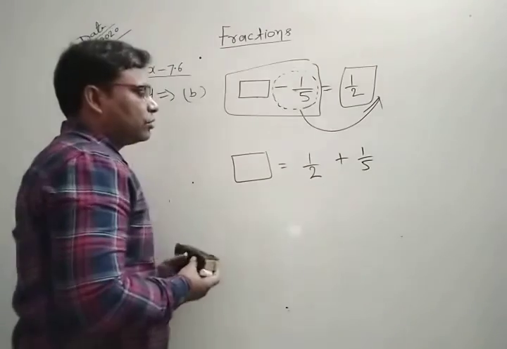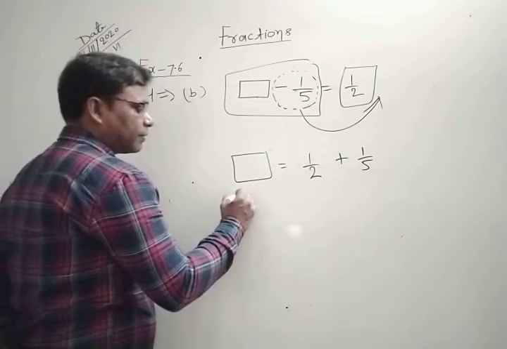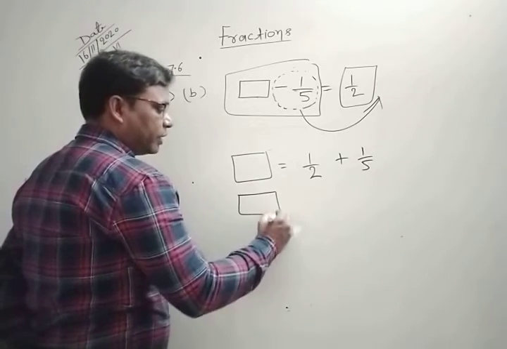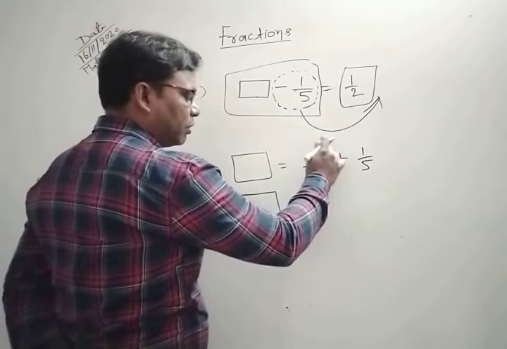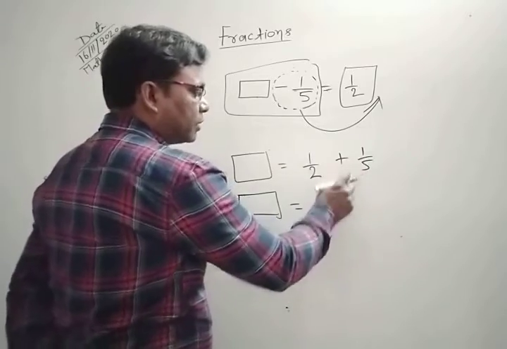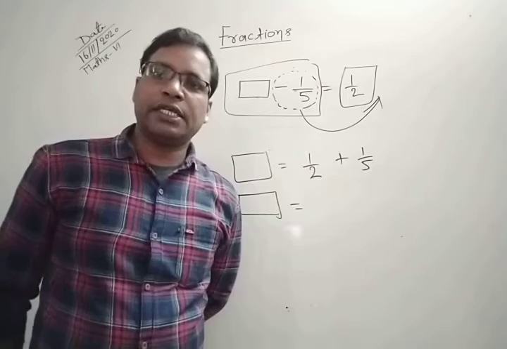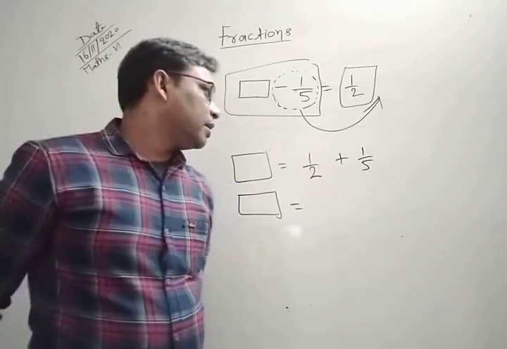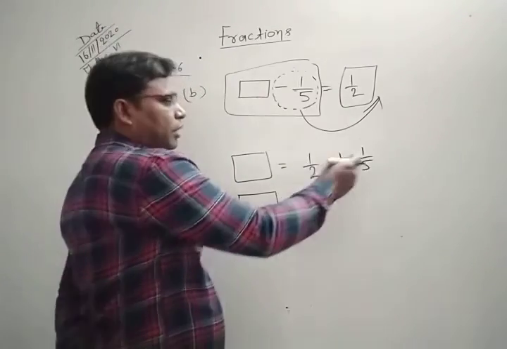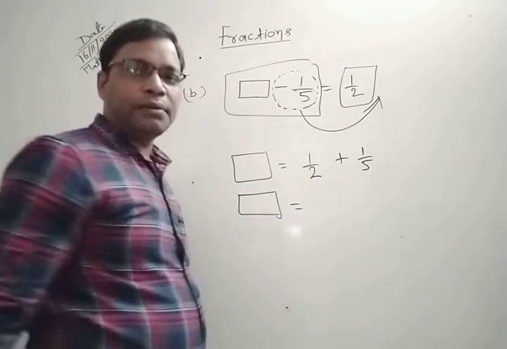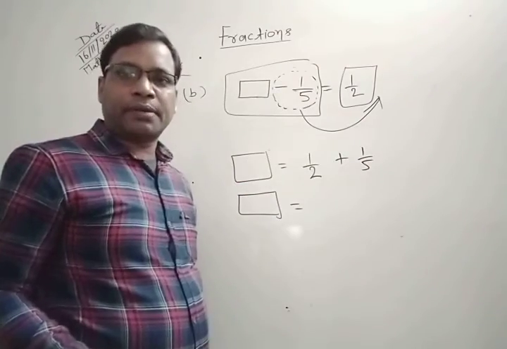Clear? So in the box, how can you solve it? 1 by 2 plus 1 by 5. You can see both are unlike fractions because their denominators are not the same. The denominator of the first fraction is 2 and the denominator of the second fraction is 5. Both are prime numbers.